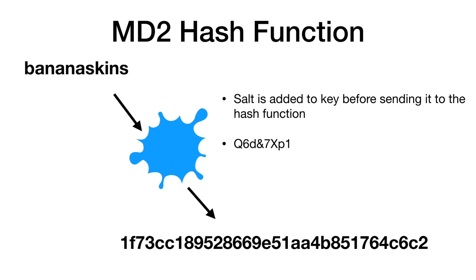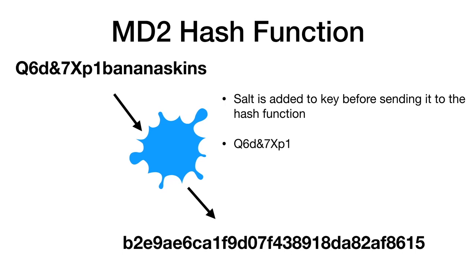I have this randomly generated salt here, okay? And if I put that in front of the key before I send it to the hash function, well then the hash is going to be very, very different.